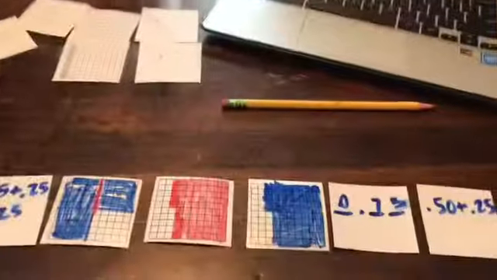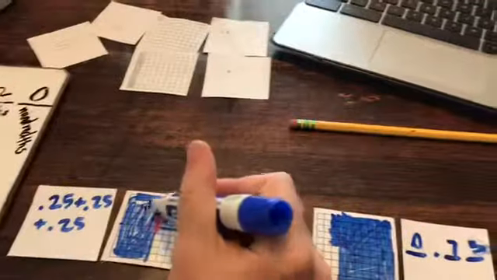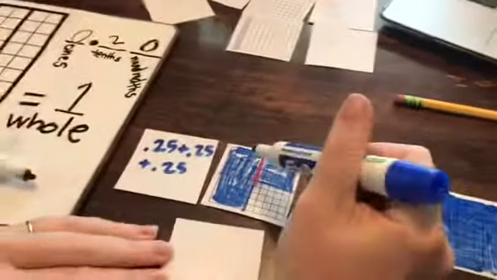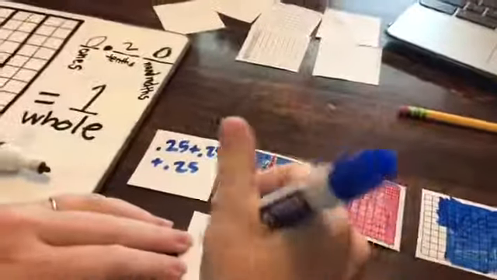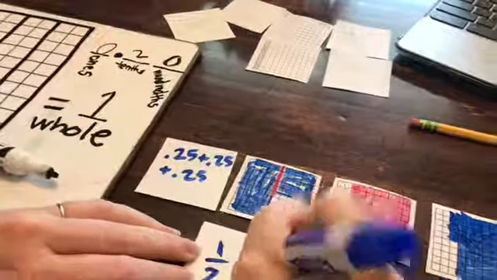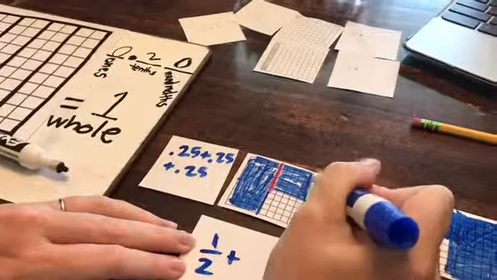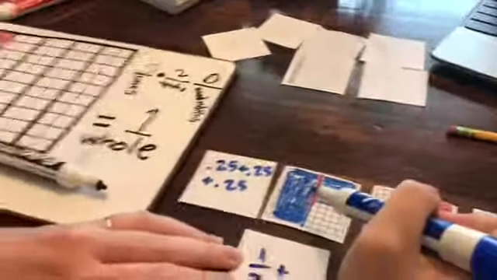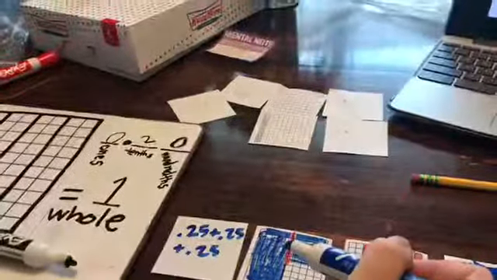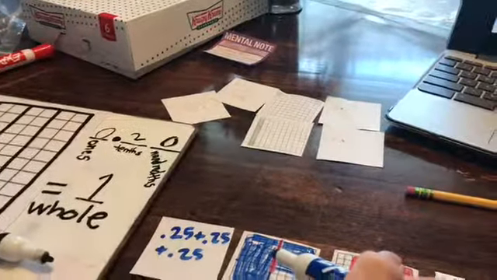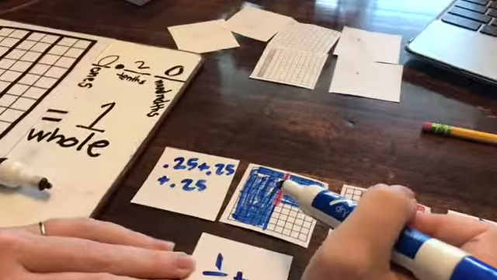Yes. So now I'm kind of thinking about fractions. Isn't this half of the grid? Yeah. So could I do 1/2 plus, how much of the grid is this? 25 hundredths. But as a fraction, what would I say? Think about those quarters and a dollar. Or remember when I first drew it, how many pieces were there? 100.